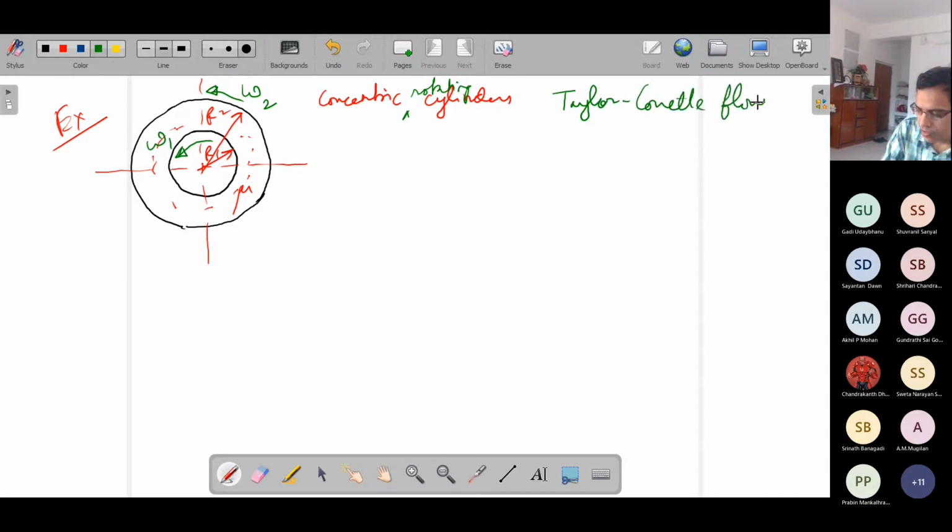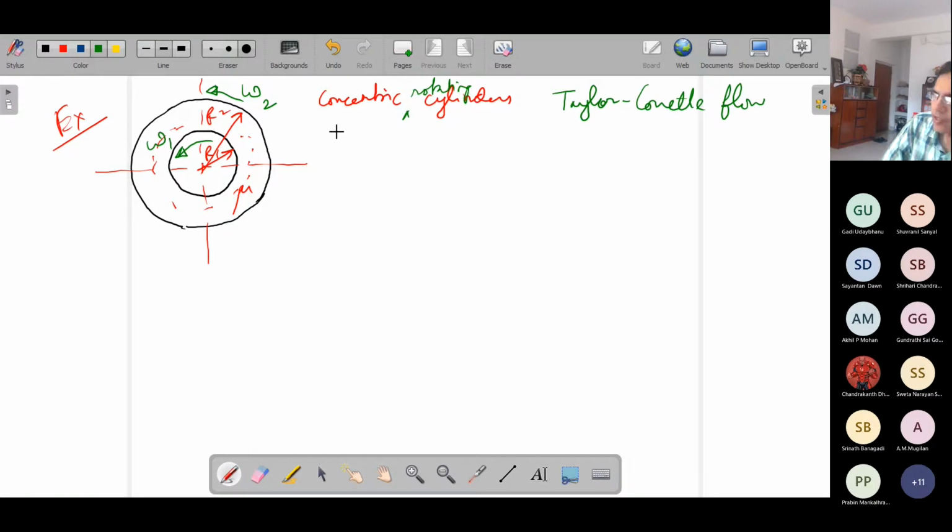We have earlier discussed Couette flow, that is between two parallel plates, and here it is between two rotating cylinders. The geometry is different and the implications are also different. The implications will have some similarity when the gap between the two cylinders is very, very small.